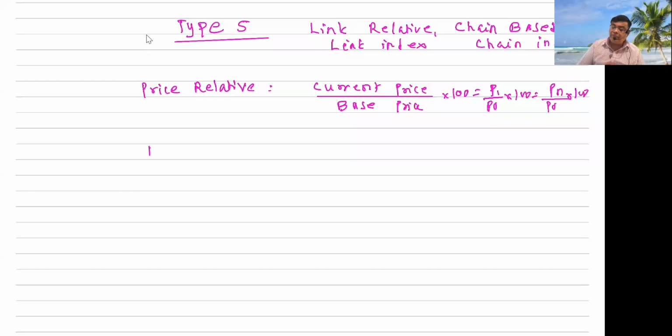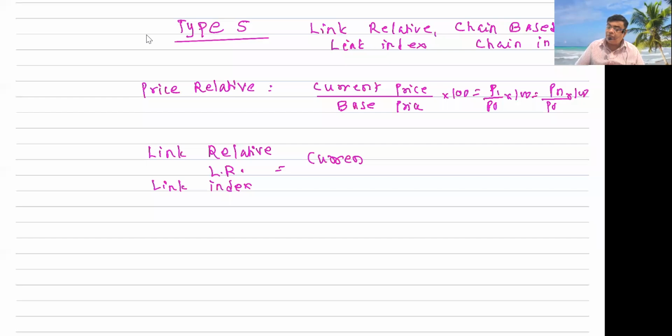Now I am going to write the formula for link relative LR or link index. Now what happens? Try to understand. This is current price over the previous price into 100.